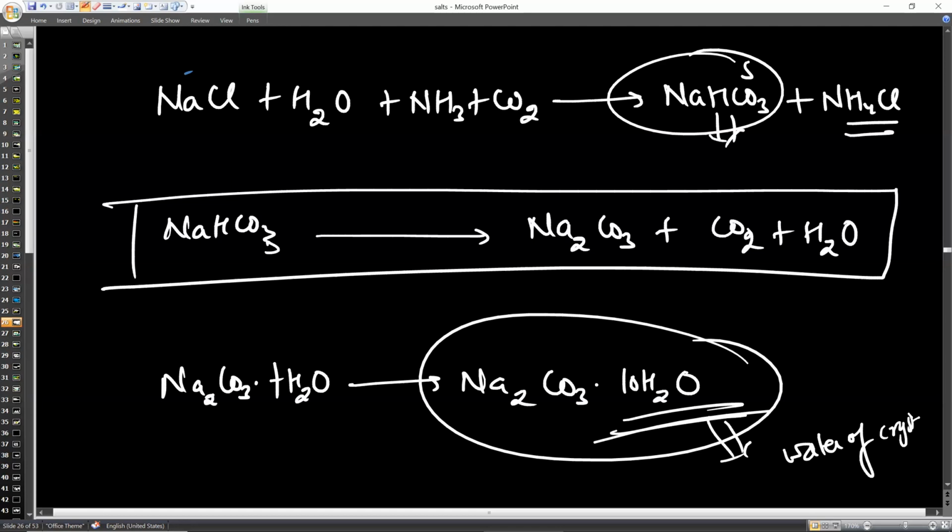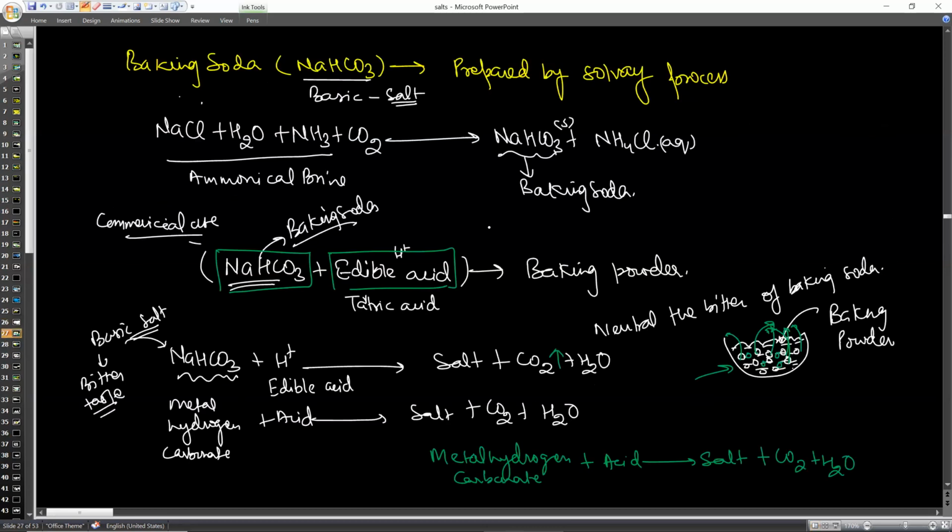Next is baking soda. Baking soda is known as sodium hydrogen carbonate, and it is prepared by the Solvay process that we have studied, where ammoniacal brine is passed with carbon dioxide.